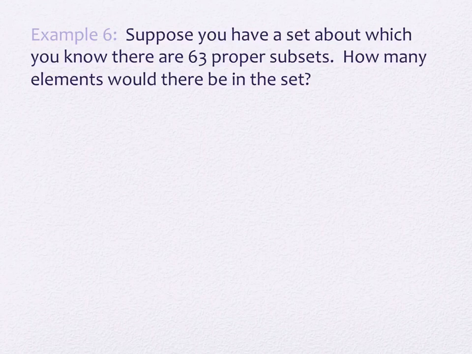You can use this formula in reverse as well. If you know the number of subsets or proper subsets, you can use the formula to figure out how many elements you have. Suppose you have a set and you know that there are 63 proper subsets. Well, the proper subset notation says this.